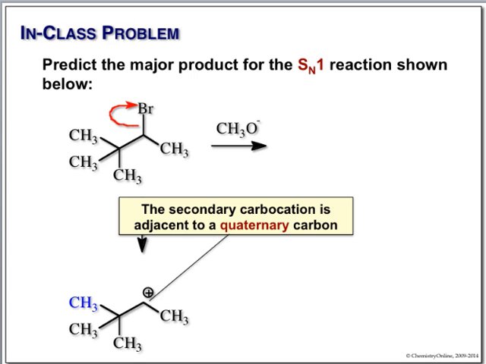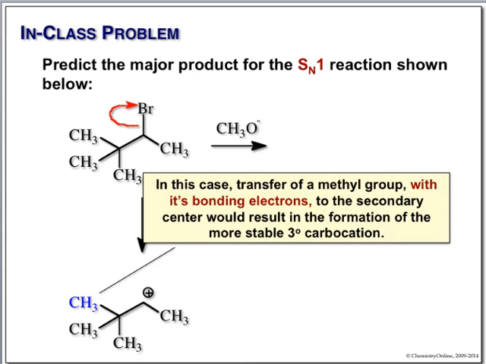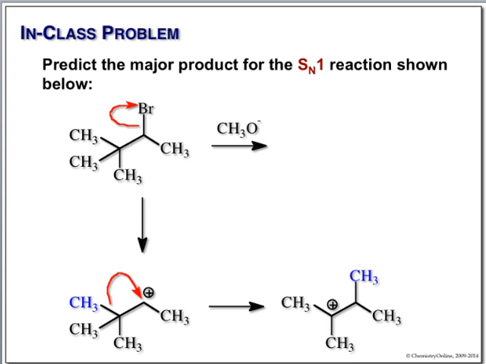Exactly like we did the hydride, except the carbon is the thing that slides. This is a 1,2 methyl shift. Again, the whole methyl group with its electrons slides over, and suddenly we have a more stable tertiary carbocation. It's exactly like the hydride shift, except it's a methyl.